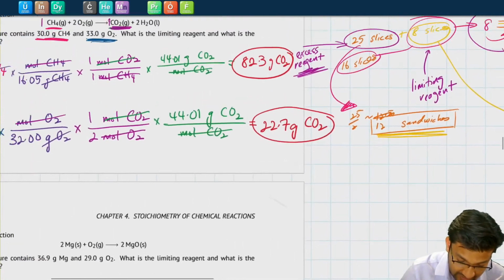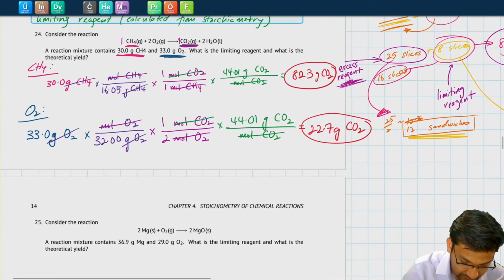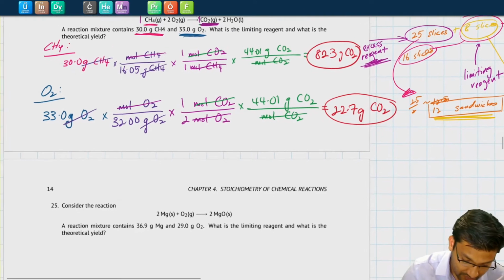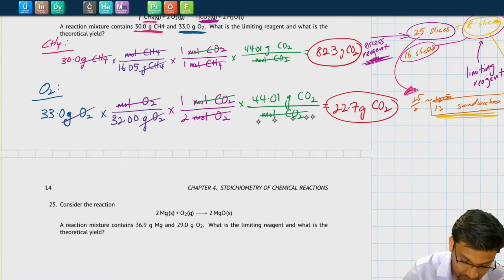So we have 2 values for 2 possible products. If we used up all of the methane, we'll get 82.3 grams of carbon dioxide. And if we started with the oxygen, we'll get 22.7 grams of carbon dioxide. So because oxygen forms the lesser amount of product, that is our limiting reagent. So let's write that.